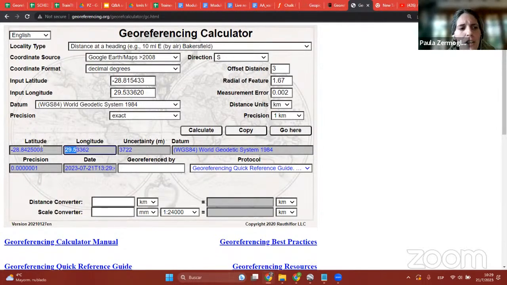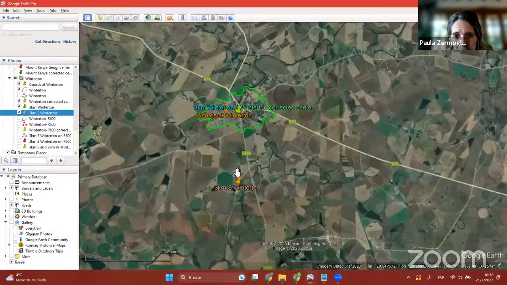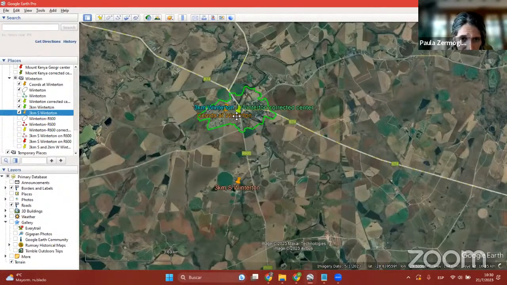So the calculator already moves the point to the south and gives us a more specific point. And so when we plot that result, the result is 3 kilometers directly south from the center of the city that we determined before, the corrected center. 3 kilometers south, proof to the south. Okay.